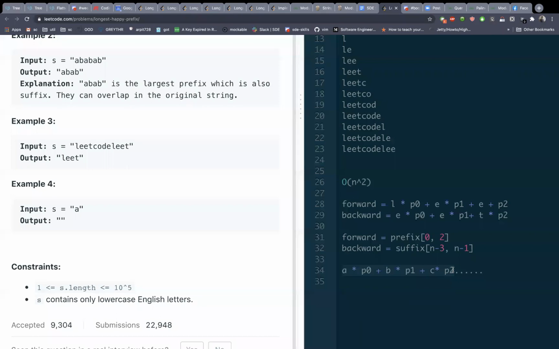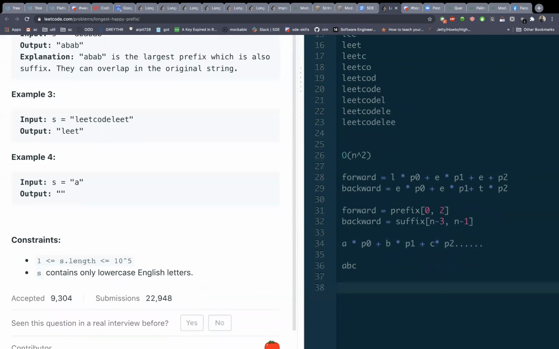But what happens if you are moving from right to left? Say your string is ABC, and you move from right to left. You will first do C into P0 plus B into P1 plus A into P2, right?